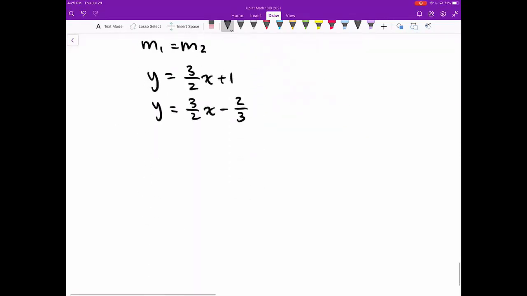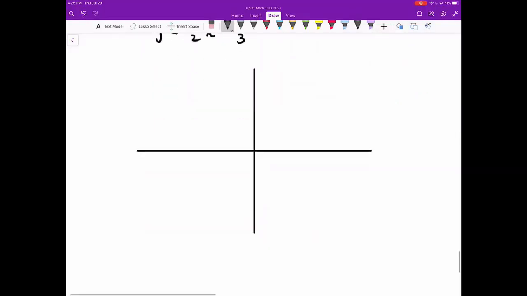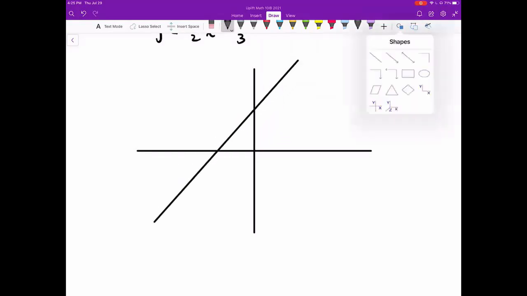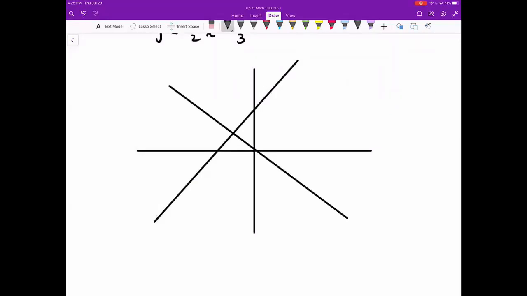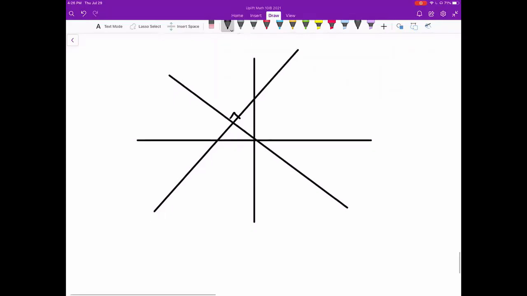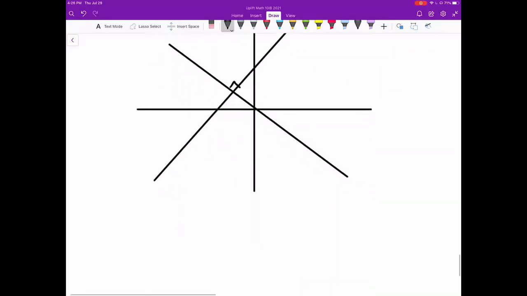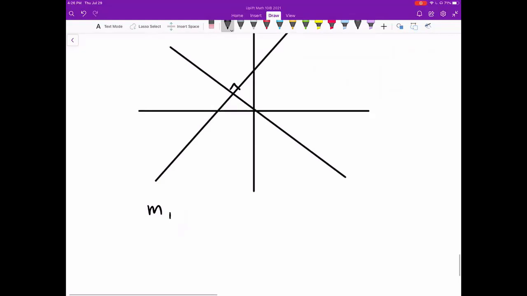For perpendicular lines, they intersect each other at 90 degrees. So for example, these two are perpendicular lines because they intersect each other at 90 degrees. Now for perpendicular lines, m1 is the negative inverse of the other slope.